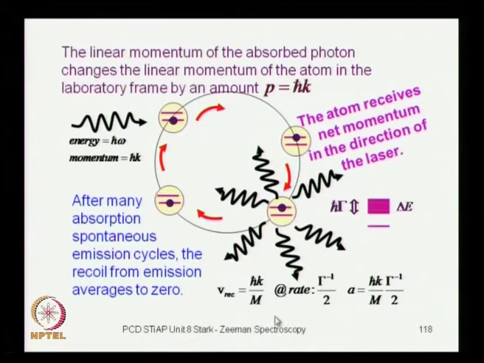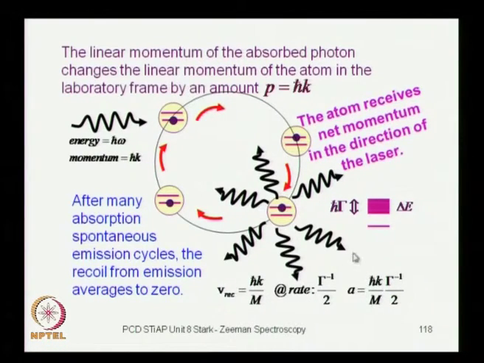This will happen at the half life of the excited state. So, if h cross gamma is the energy width, then this will happen at a rate which is gamma inverse by 2. So, this will result in an acceleration which is the velocity multiplied by this rate, because acceleration is just the rate of change of velocity, right.